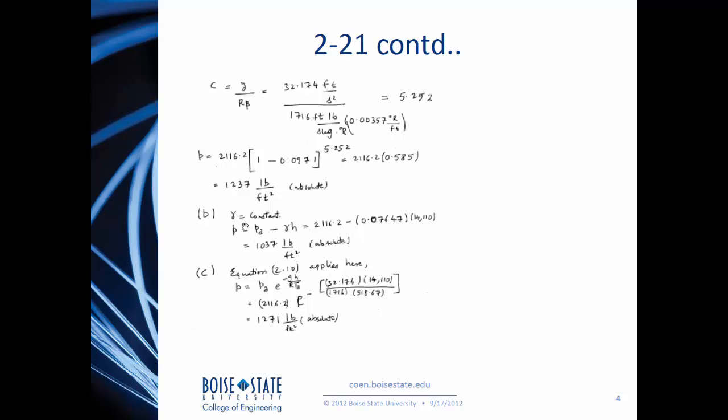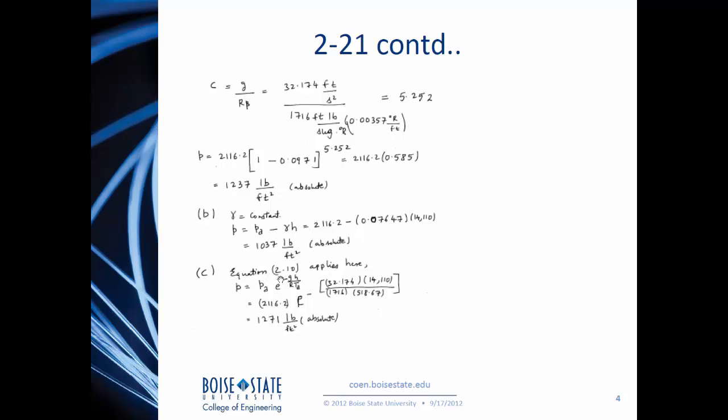And then in part B, if we assume that gamma is constant, it simplifies to the simple hydrostatic pressure equation where P is equal to PA minus gamma h. We know these values, so it is 1037 pounds per square feet.